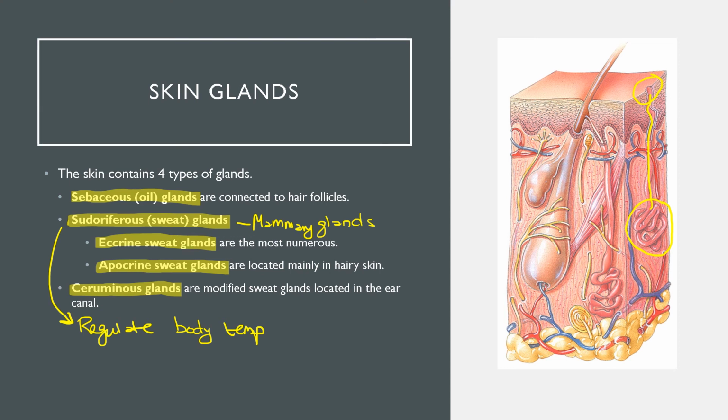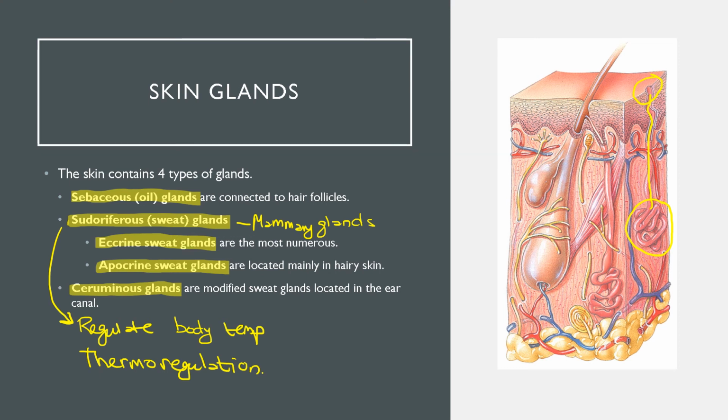Now remember that the homeostatic regulation of body temperature is known as thermoregulation. Now, apocrine sweat glands are mainly found in the skin of the axilla, or the armpit, the groin, and also the areolae of the nipples, and also found in the bearded regions of adult males.